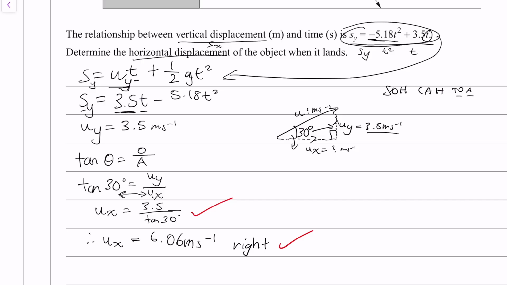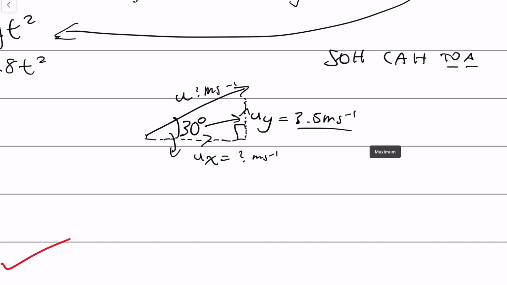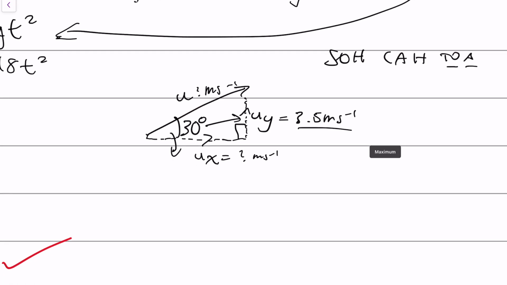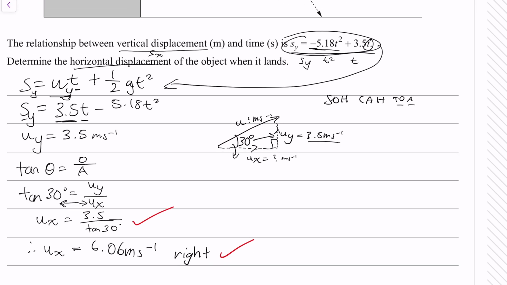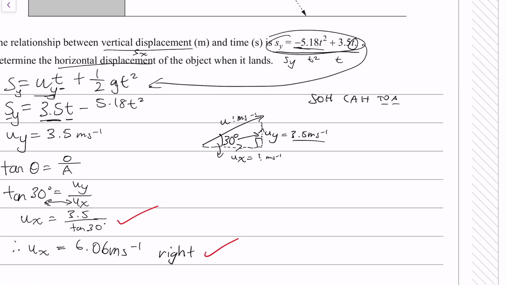All right, so really you need to recognize that trigonometric relationship between the initial velocity and horizontal component. Okay, just really revise your vectors and how trigonometry relates to this physics component concept, right?